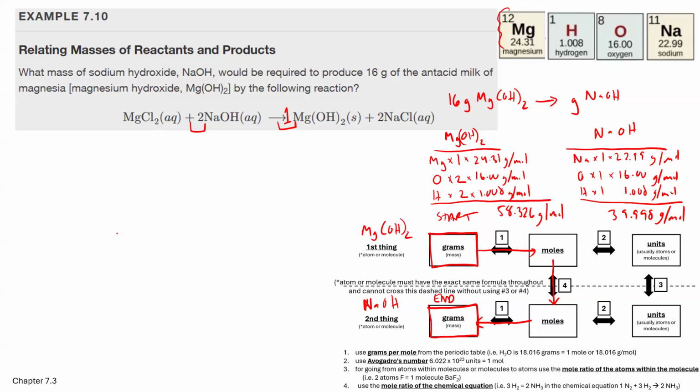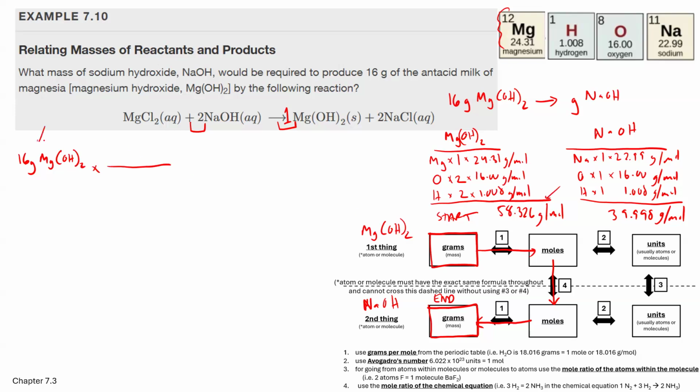Now let's do them. Let's go. We have 16 grams of magnesium hydroxide, Mg(OH)2. We want to use this grams per mole.